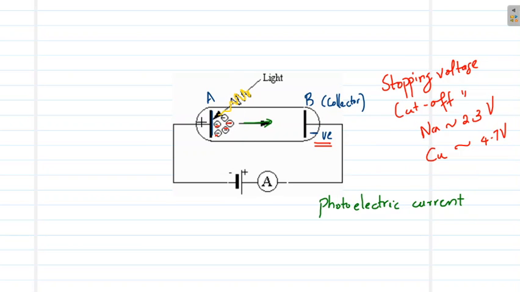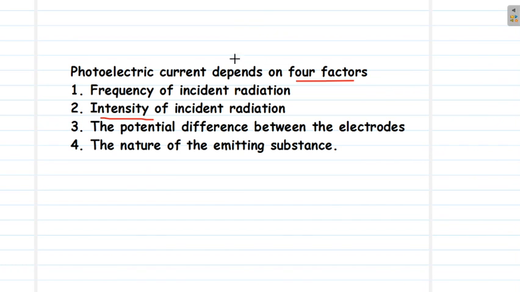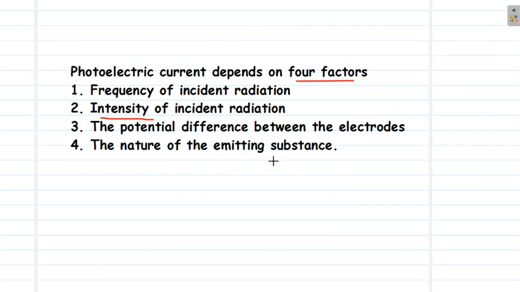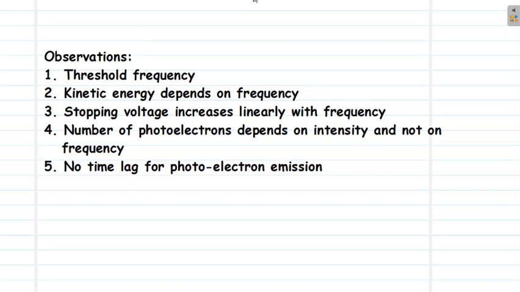We saw that the potential difference between A and B plays a role when it comes to the value of photoelectric current. Finally, the nature of the emitting substance. As we have seen, different metals behave differently under the photoelectric effect. For example, sodium and copper have different behavior, and the nature of the material is important when it comes to the photoelectric current.